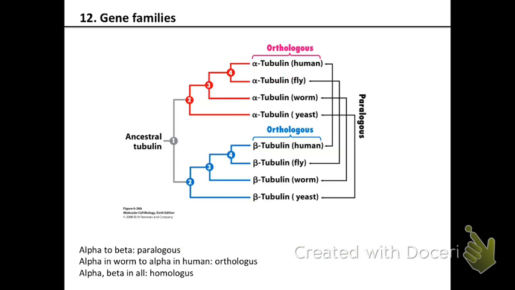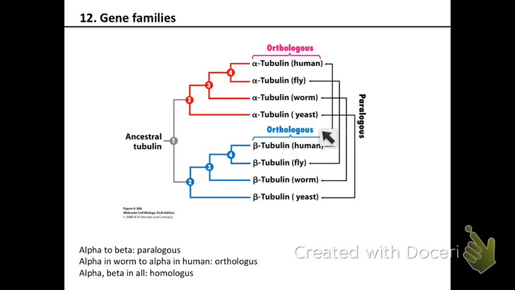When we're talking about a gene family within a species, such as alpha and beta tubulin, we call these genes paralogs. They're paralogous to each other. They're in the same species. They're similar, but they arose due to duplication or multiplication.